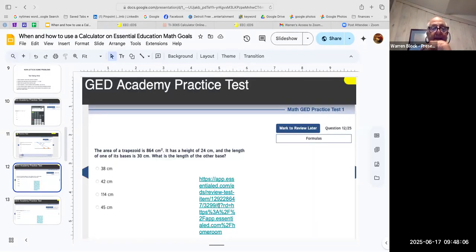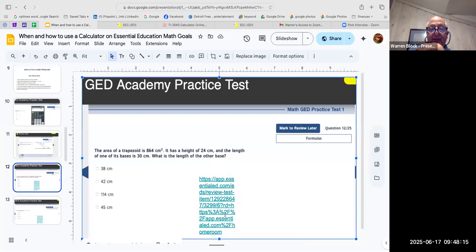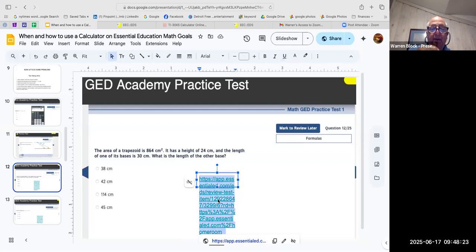So on each one of these pages in the slideshow, I put this link, and it'll take a while to load. So if you can do the problem by yourself, that would be appreciated while we wait for this to load. There it is.